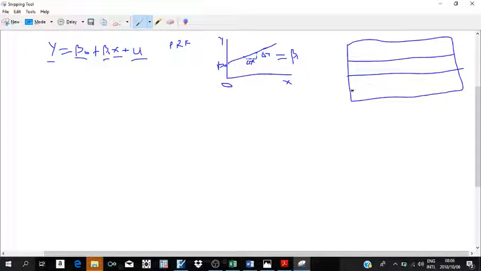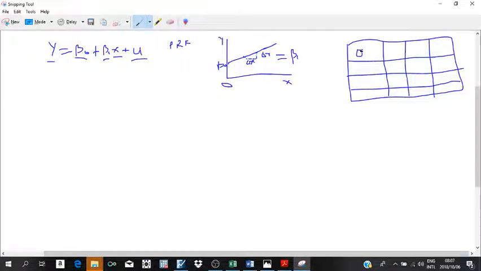Now, when we have observations, I am going to make an assumption that I have a sample size with only 3 observations. So I'm making an assumption here that the regression that I want to estimate has 3 observations.